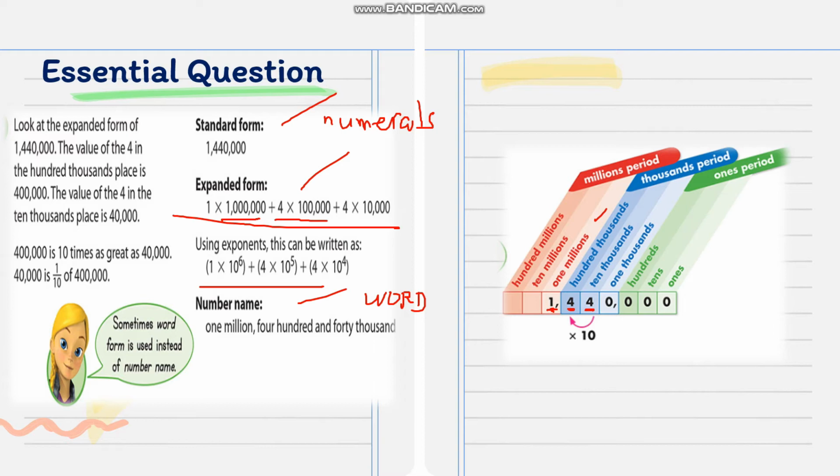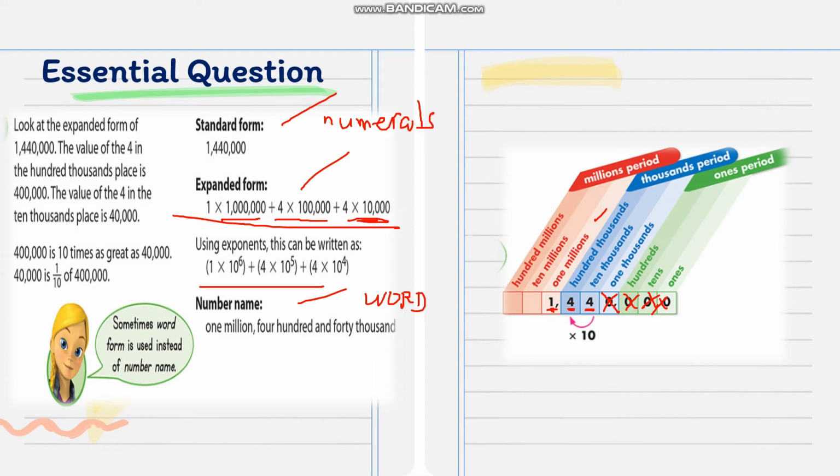That is in the 10,000s place, so 4 multiplied by 10,000. And what are the next digits? 0, 0, 0, 0. If the digit is 0, it means there is no value, so you are not going to include it. Okay, so this is the expanded form of 1,440,000: 1 multiplied by 1 million plus 4 multiplied by 100,000 plus 4 multiplied by 10,000.